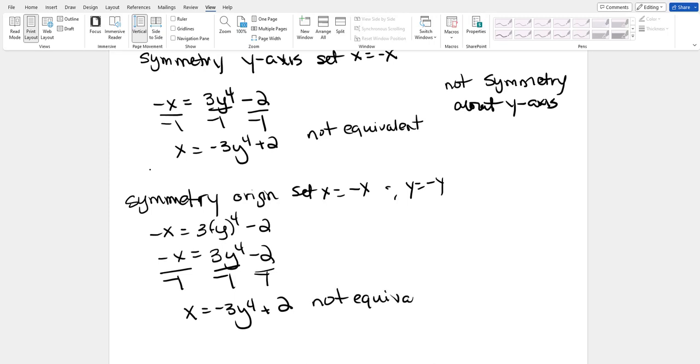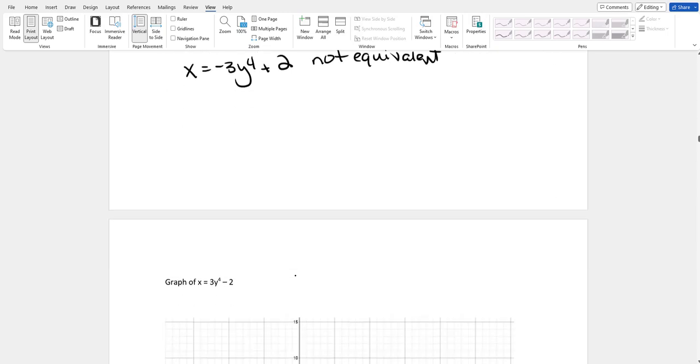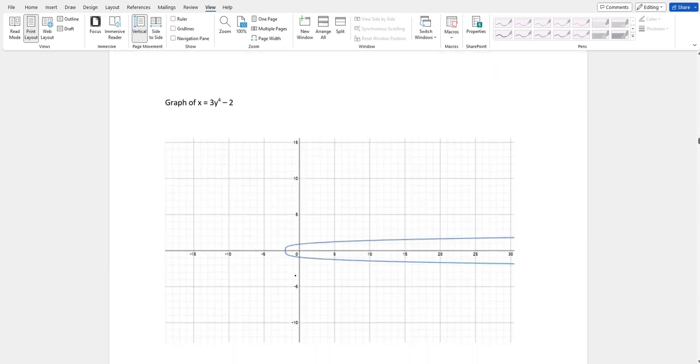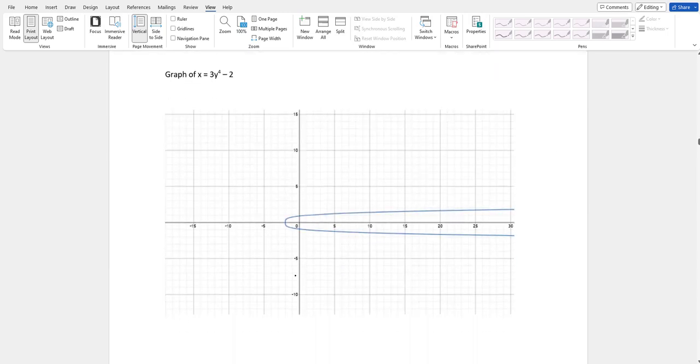So the reason why I gave you that calculator is so that you can go ahead and graph these so you can see visually if the graph will meet up about the y-axis, or if you fold it and it meets up about the x-axis. So you really don't have to go through all these calculations when you're doing your homework. However, on the test, you're going to have to know the steps. But for doing the homework, you can just graph it and look at it visually.